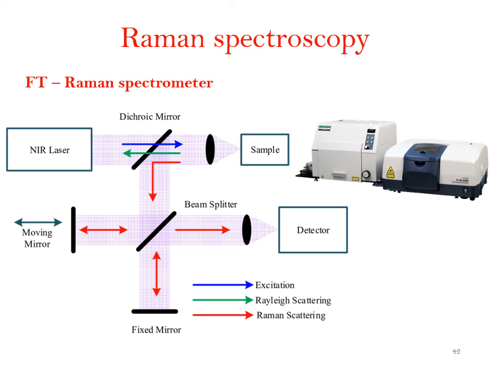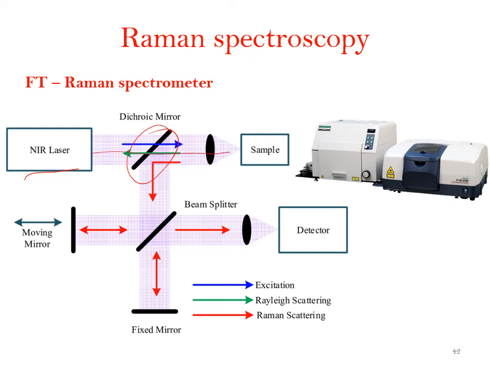As an example, a laser source is needed to excite the target species. Then a filter or dichroic mirror collects the Raman scattered light or Stokes and filters out the Rayleigh and anti-Stokes light.